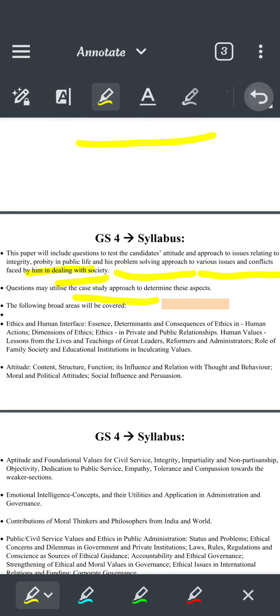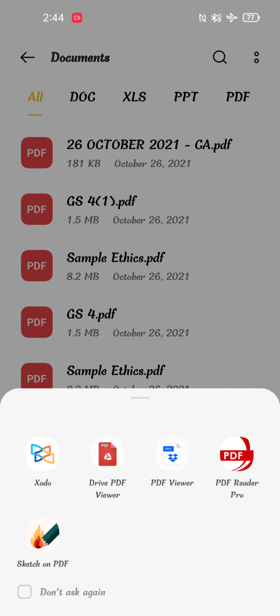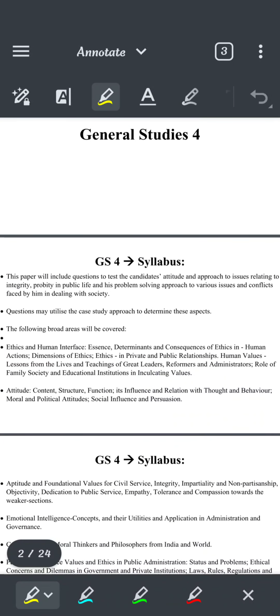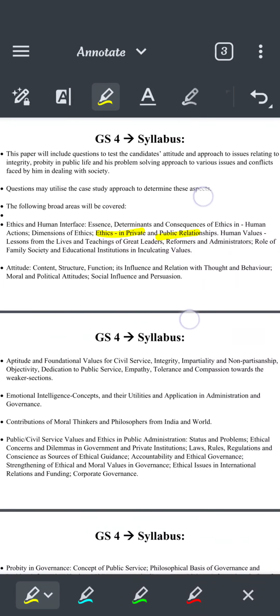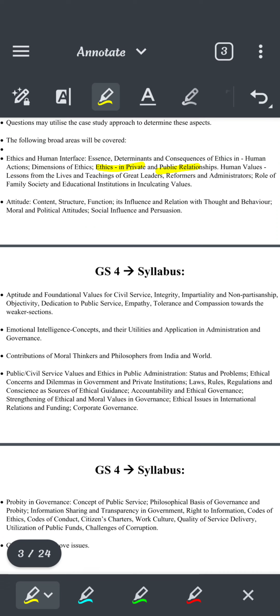The following broad areas will be covered: ethics and human interface. Next is the essence, determinants and consequences of ethics in human actions, dimensions of ethics, ethics in private and public relationships, etc. Next is attitude: content, structure, functions, its influence and relations with thought and behavior.